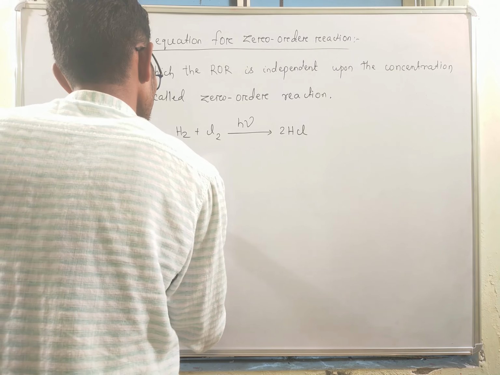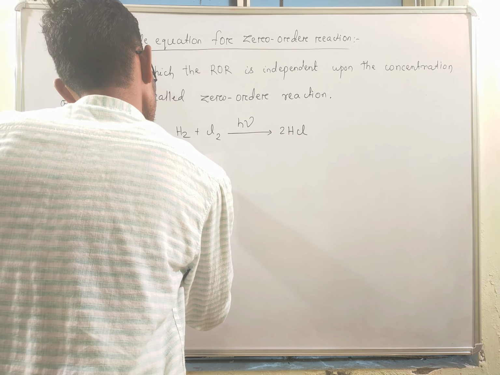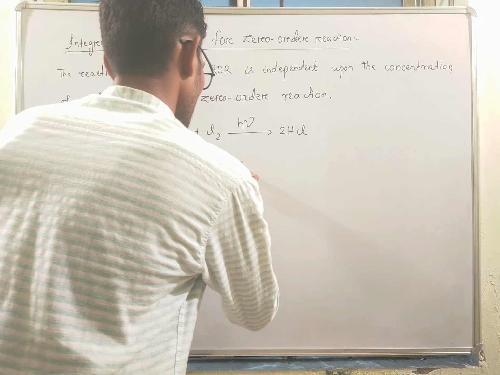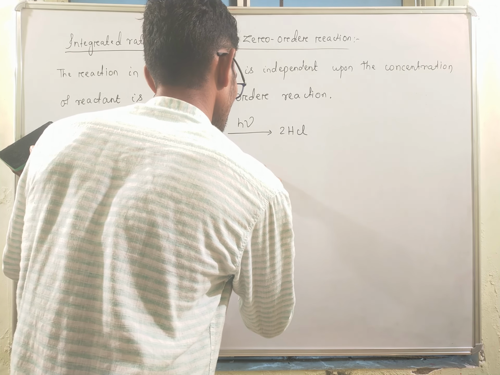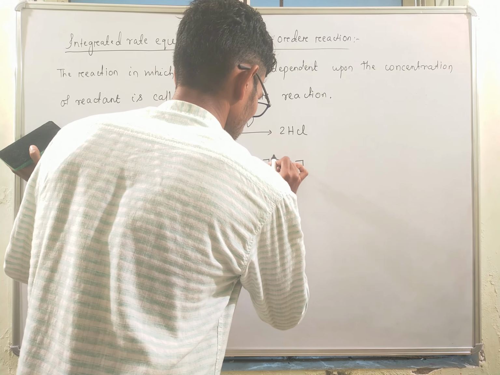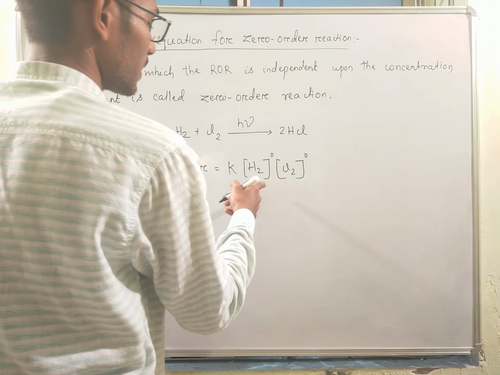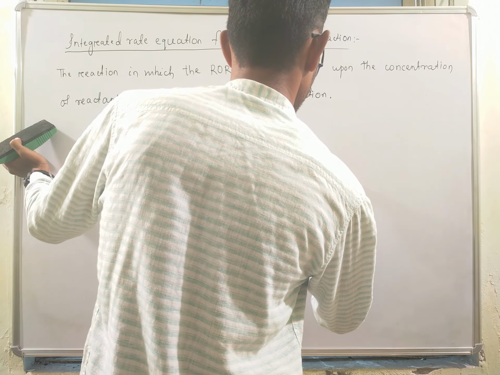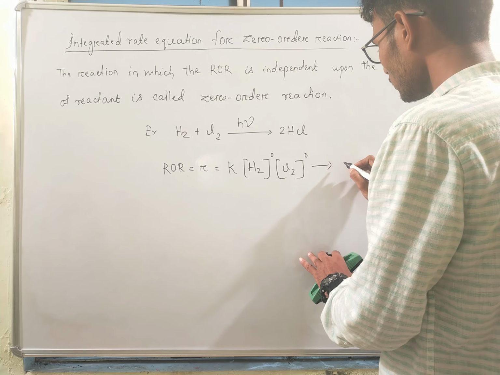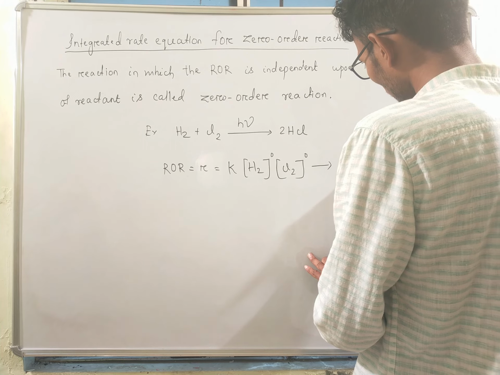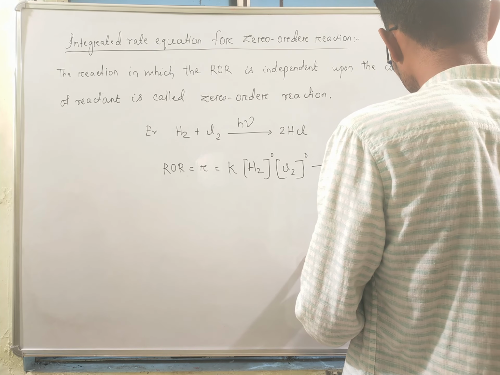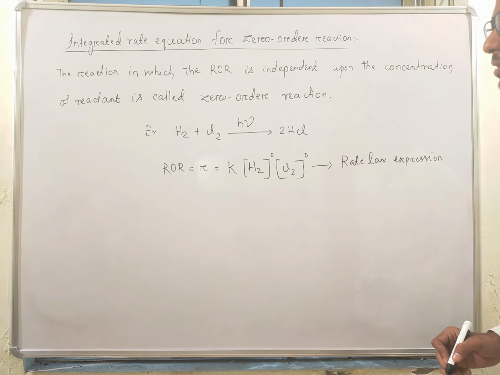Here the rate of the reaction, small r, equals K into H2 into Cl2 to the power 0. This is the rate law expression.